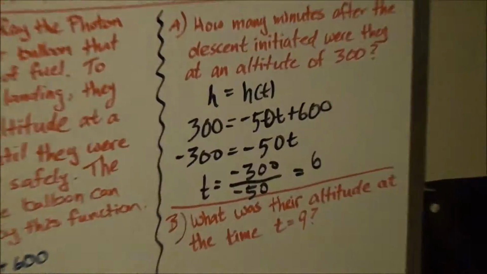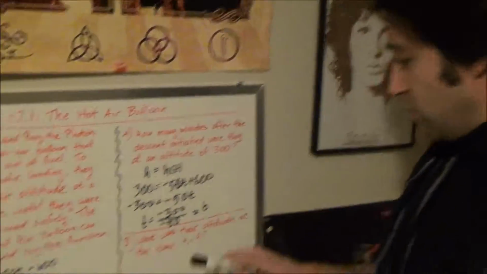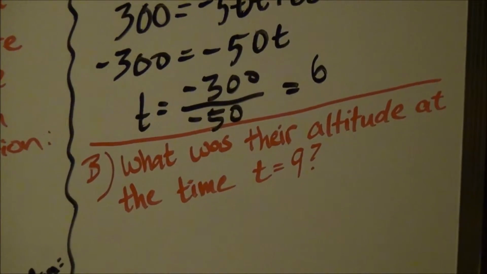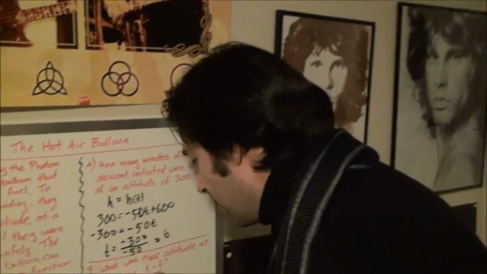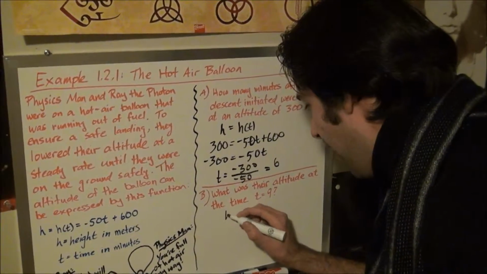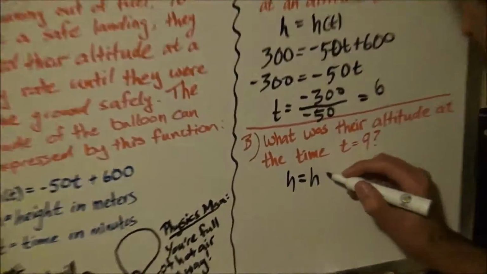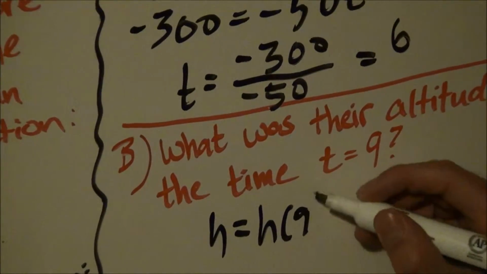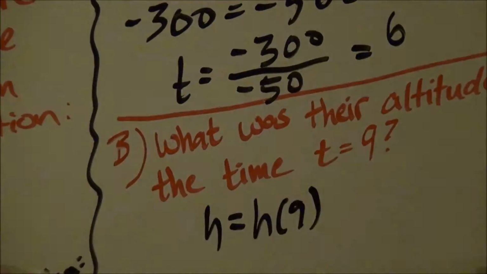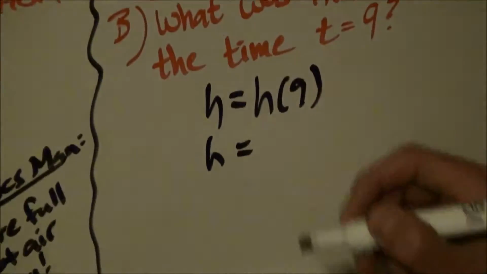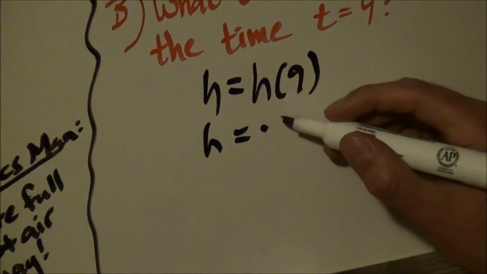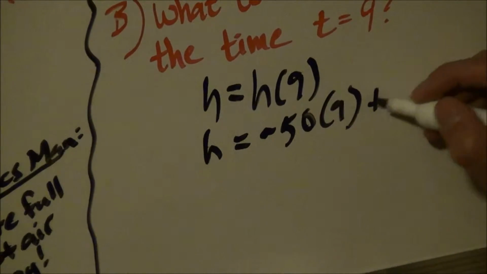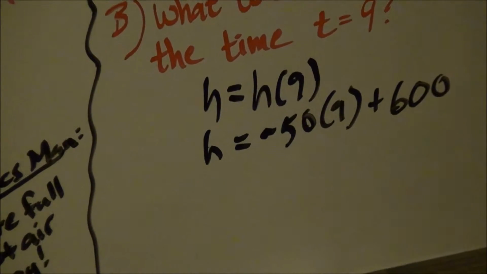The next question we are asked is, what was their altitude at the time t equals 9? Well, since the height is equal to a function of t, we have to substitute in the value 9 for t. We can write that h will be equal to negative 50 times 9 plus 600.